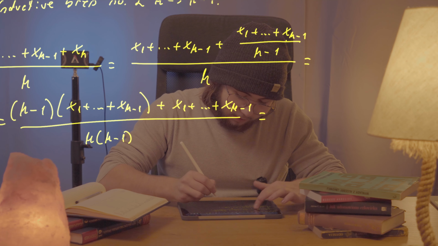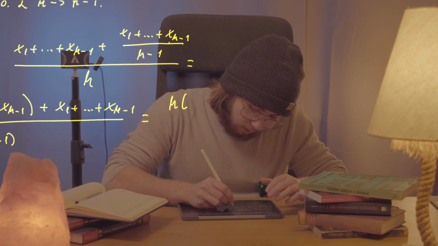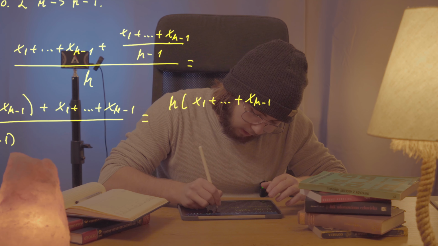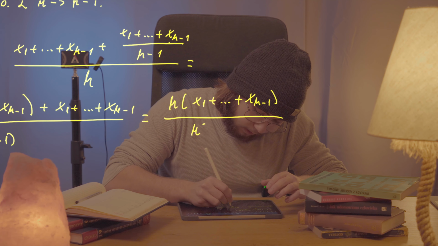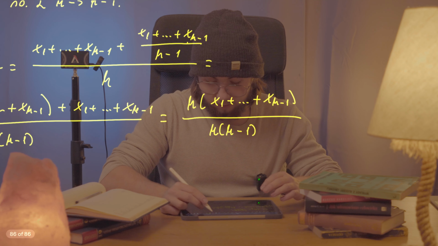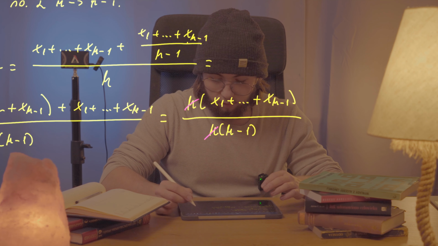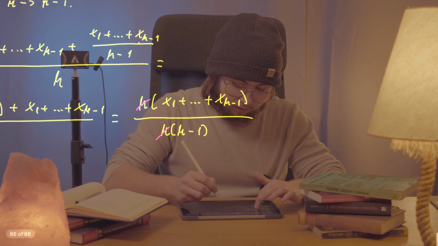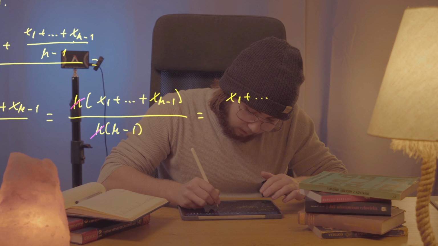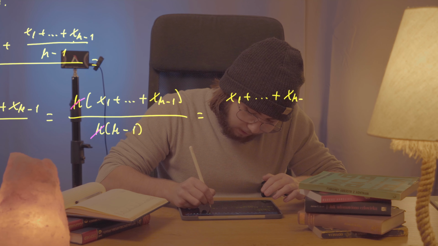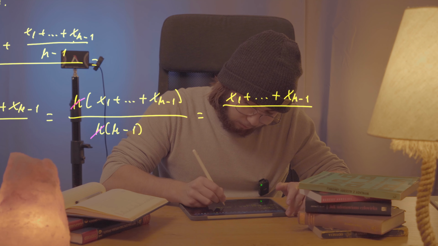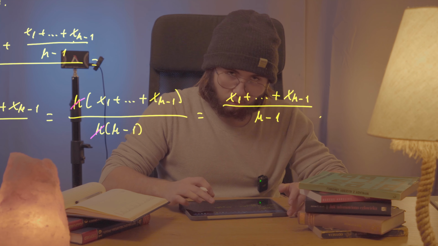And so what we're gonna get is k multiplied by the sum of all of those k minus 1 x's divided by k times k minus 1. But, well, those two k's right here are gonna just beautifully cancel each other out. And so we will eventually be left with just the arithmetic mean of k minus 1 numbers without a doubt. And that's really what we were after here.